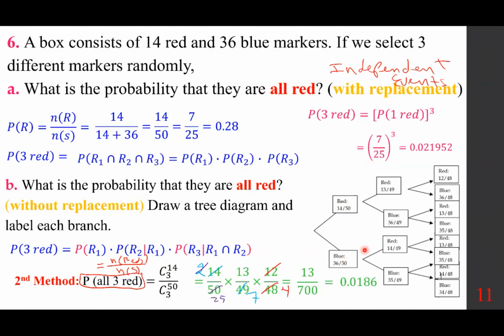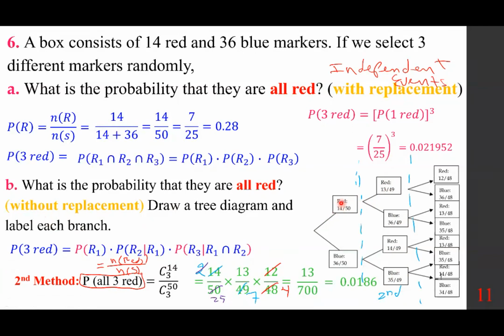So when I go to the second stage, meaning choosing the second one, the top branch, over here it was red. When I go to the top branch, 1 red is gone. First of all, all of them have the denominator 49 because it's without replacement.